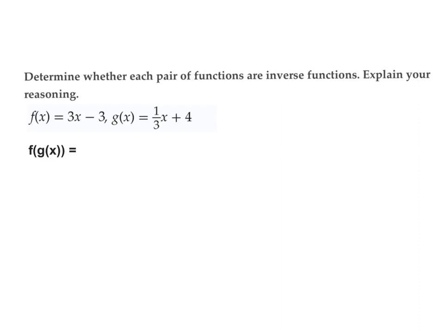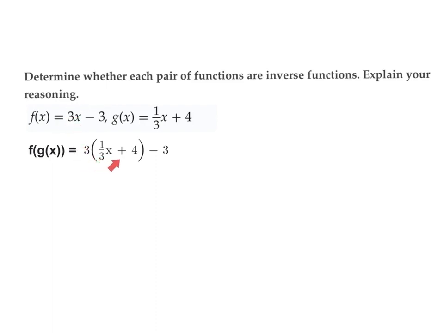And what we're hoping is that when we plug this in and simplify, it's going to equal x. That's what we're hoping. Let's go ahead and do that. So, again, this is the application of what we did yesterday. I'm going to substitute 1/3 x plus 4 into x in f.